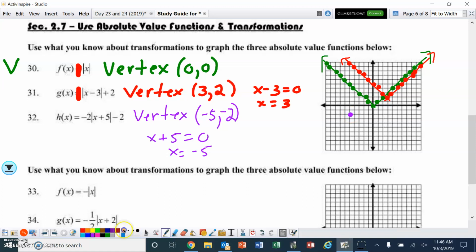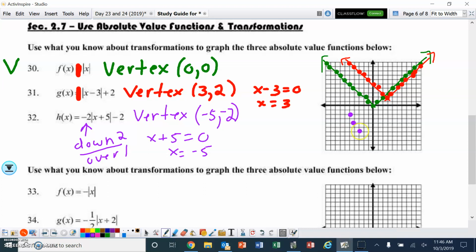All right, now in this one, you notice that we've got a negative 2 in front of the absolute value. So that means we're going to go down 2 from the vertex and then over 1. And I'm going to go both directions. All right, so here we go. Down 2 over 1.